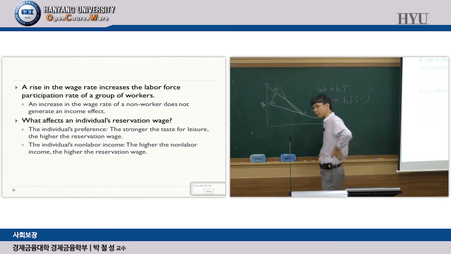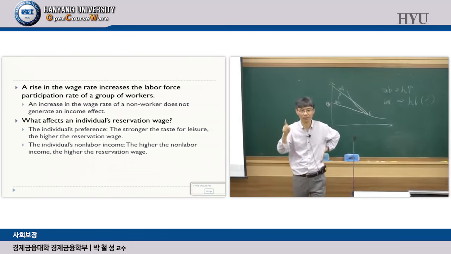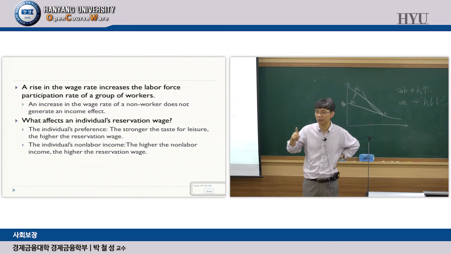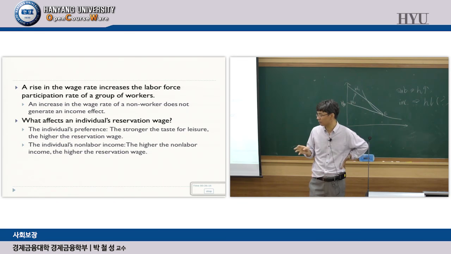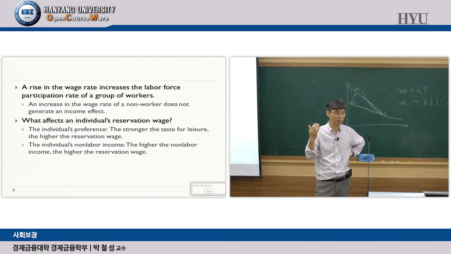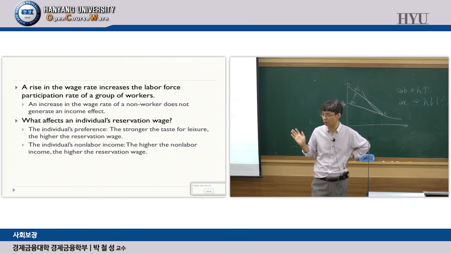The income effect happens only when the individual's income increases if the individual keeps the same number of hours worked. This person was not working, so there were no earnings. Even if the wage goes up, if that person keeps the same behavior, the income would not change at all. So there cannot be an income effect, only the substitution effect.